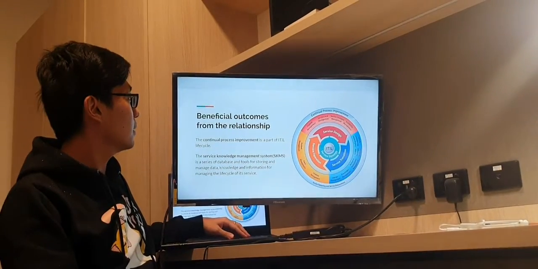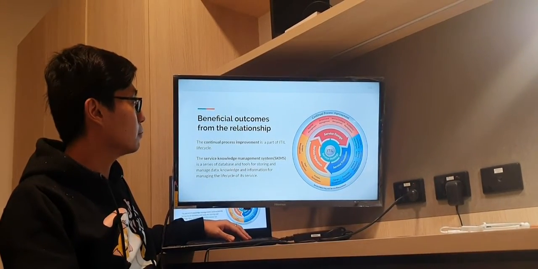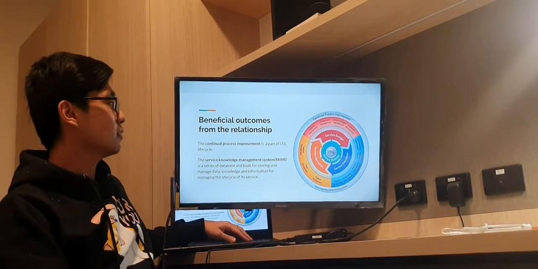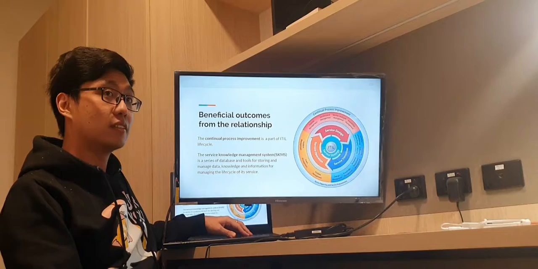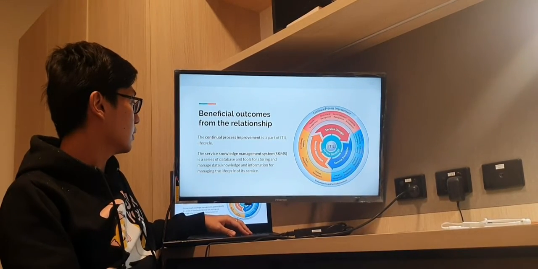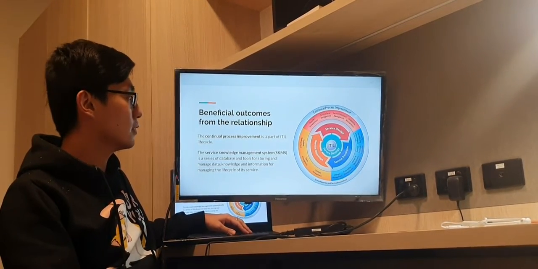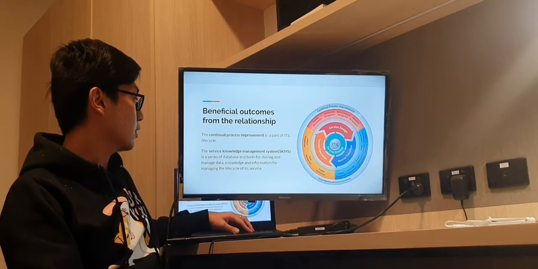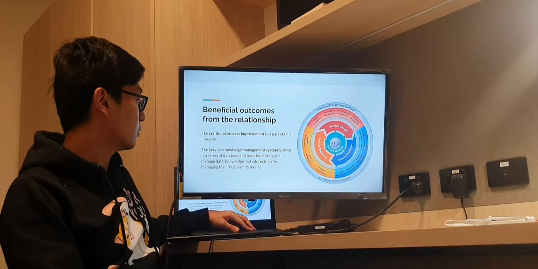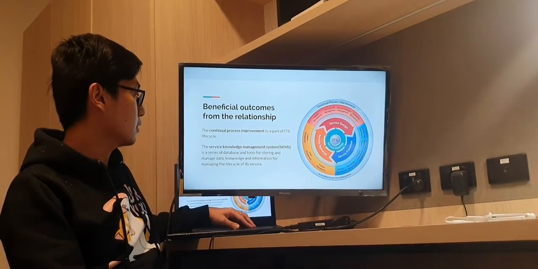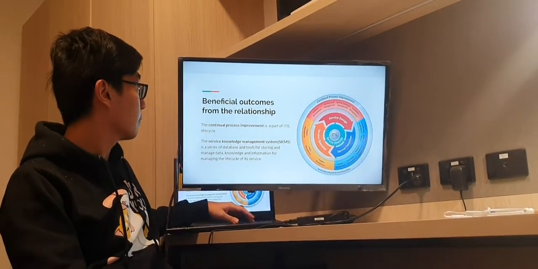As for the beneficial outcomes from the relationship, continuous process improvement is a part of the ITIL life cycle. And the Service Knowledge Management System, the SKMS, is a series of databases and tools for storing and managing data, knowledge, and information for managing the life cycle of its service.